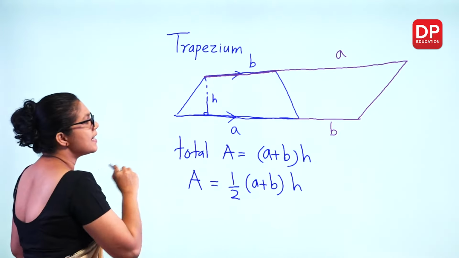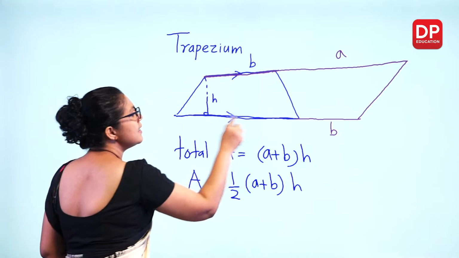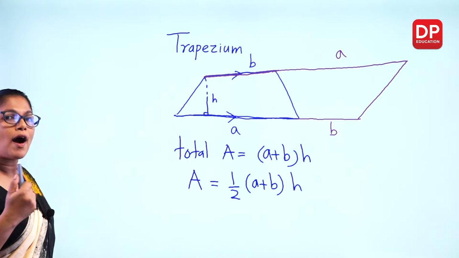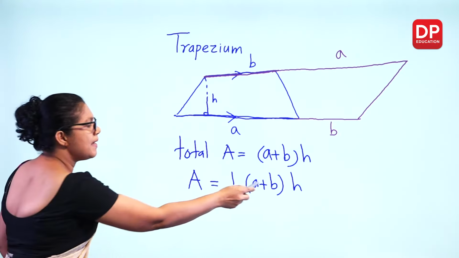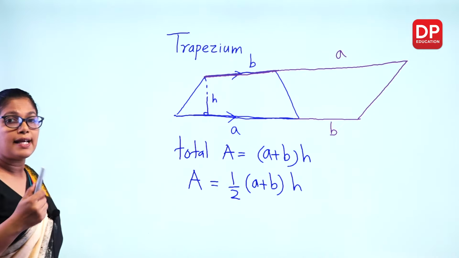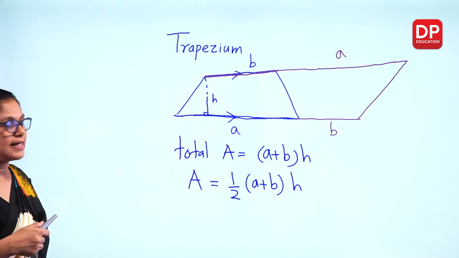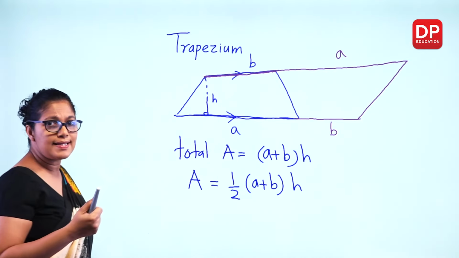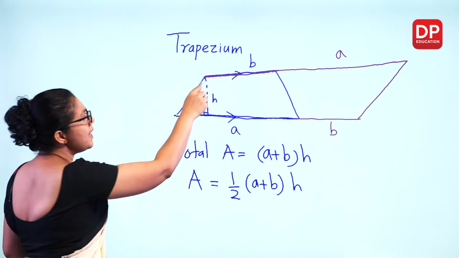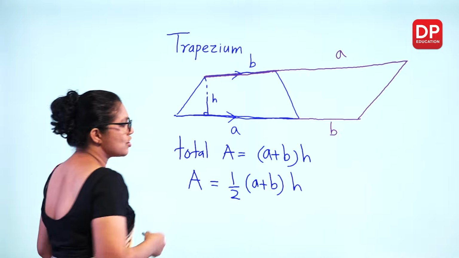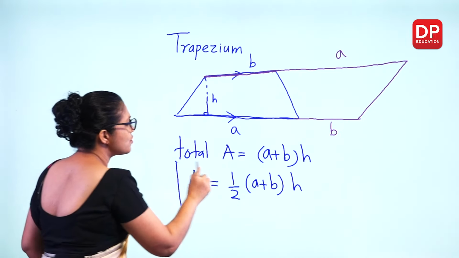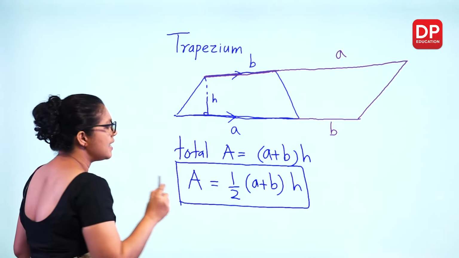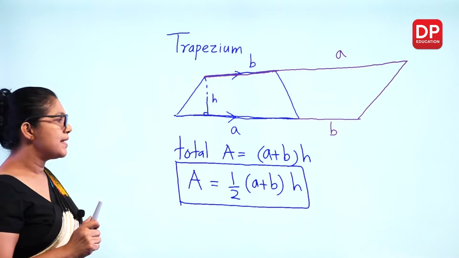What is A here? A is the length of one parallel side and B is the length of the other parallel side. So if you know the lengths of the two parallel sides and the perpendicular height h, you can use this formula to find the area of a trapezium.